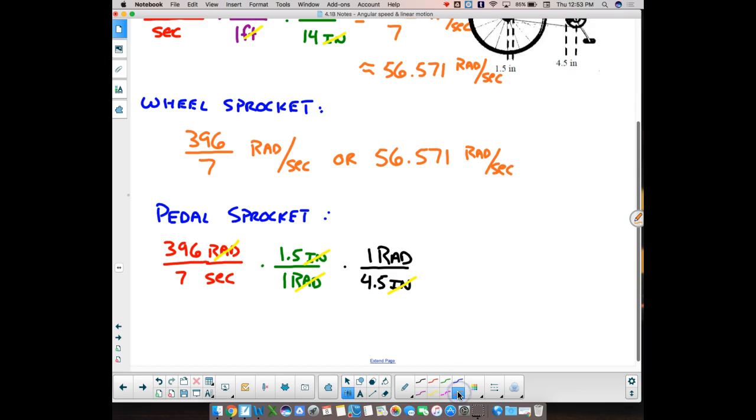If I simplify this, that simplifies down to 132 over 7 radians per second. If I were to round that one, I would get 18.857.